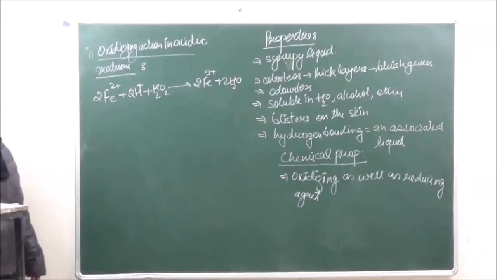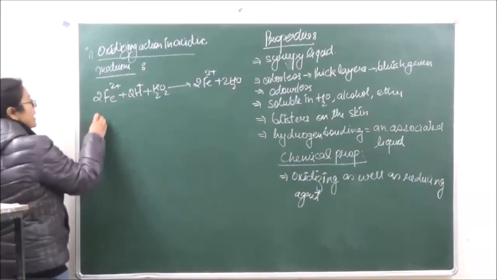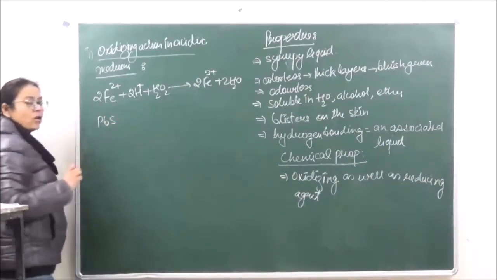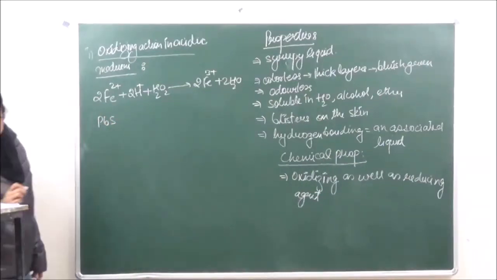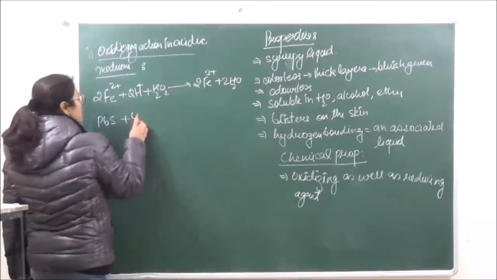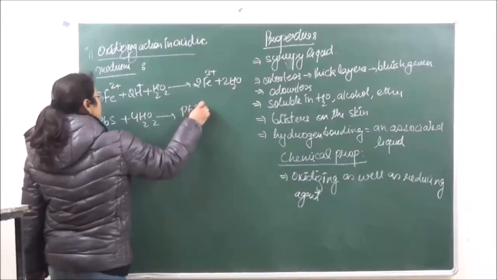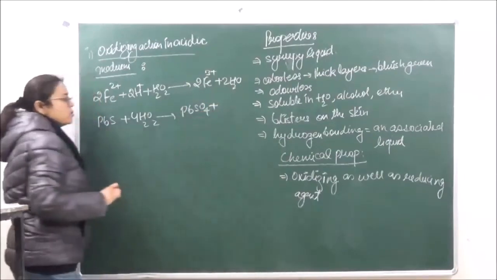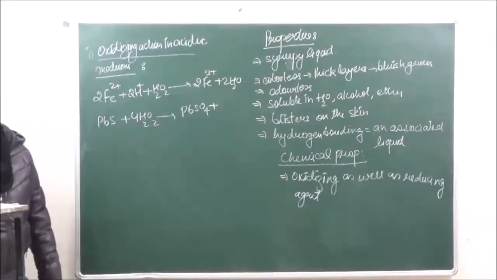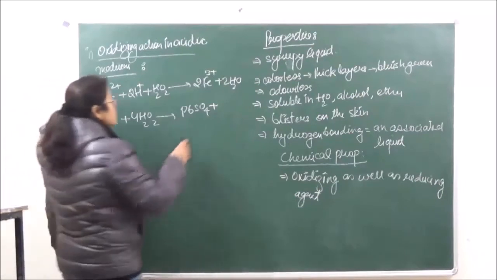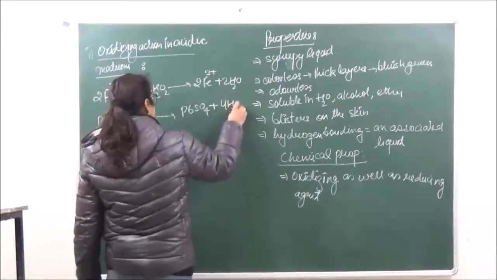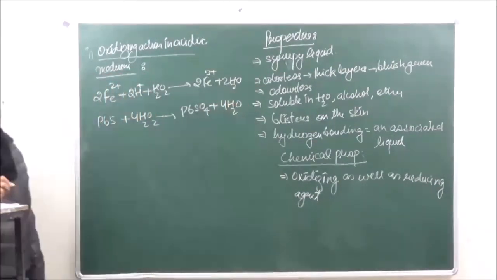So ferrous gets oxidized to ferric. In a similar manner, lead sulfide will get oxidized to lead sulfate. So we have over here PbSO4 plus it is going to give us 4H2O. Okay, so this is the reaction which takes place in acidic medium.